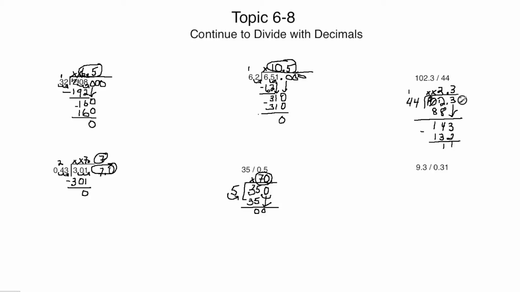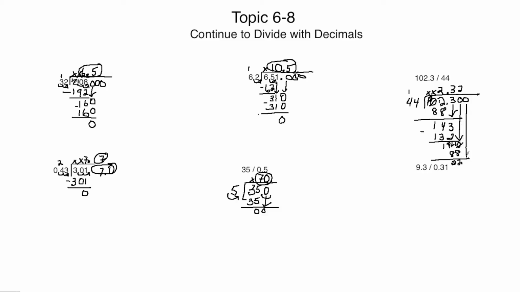Let's add a 0. Actually, you can add 2. Bring down that first 0. How many times can 4 go into 11? That would be 2 times. So that would be 88. 10 minus 8 is 2. That would make that a 10. That makes that a 2.